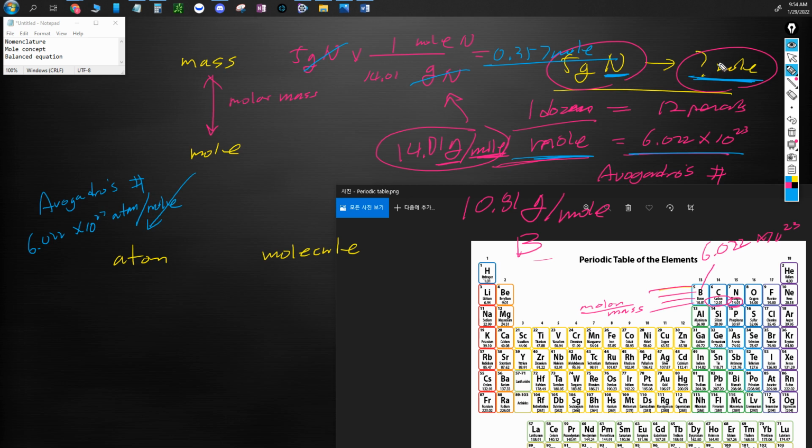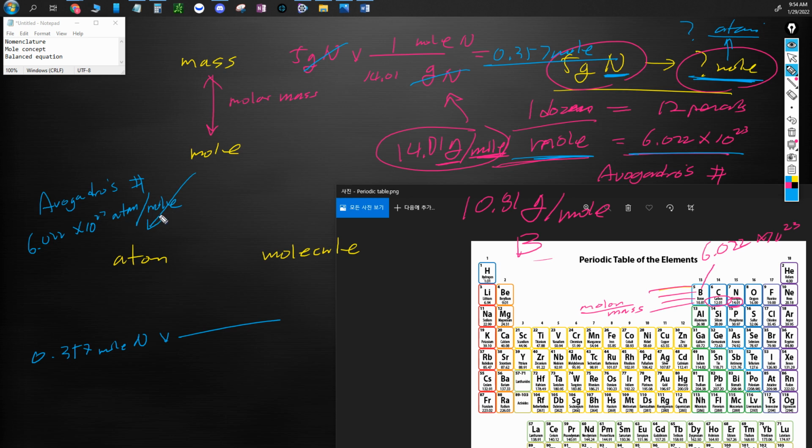Now let's say our next question is, how many atoms are there? Number of atoms. We continue here. We have 0.357 mole of nitrogen atoms, and we'll convert that into a number of atoms.